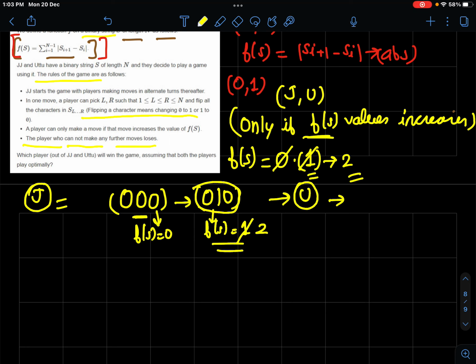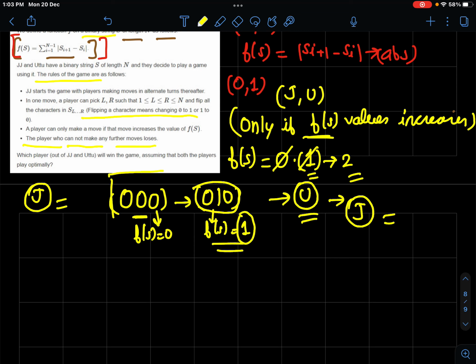If we flip any character, it will again become 0. It will not increase, it will decrease only. So Fs can only be 1. So U can't make a move and will lose, and J will win in this situation.